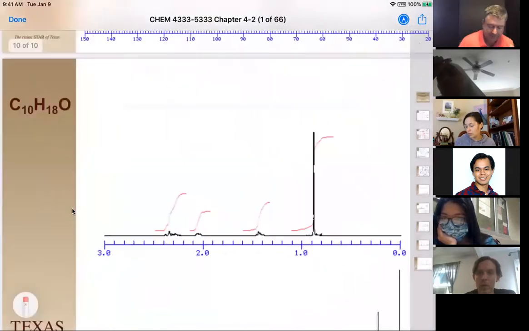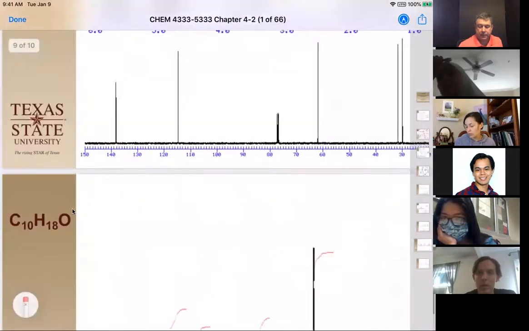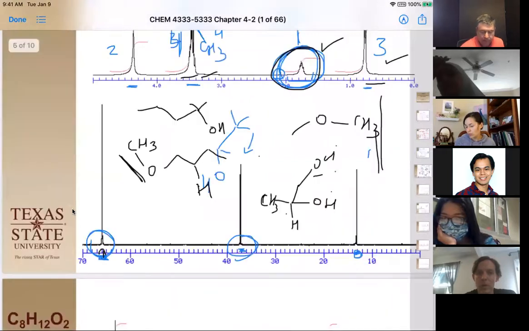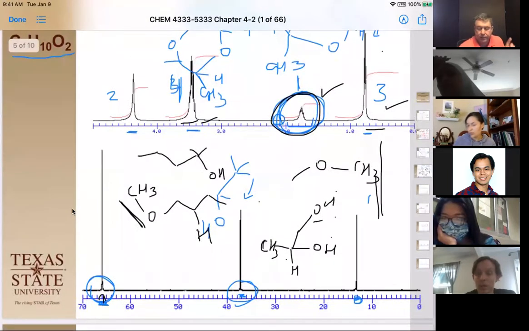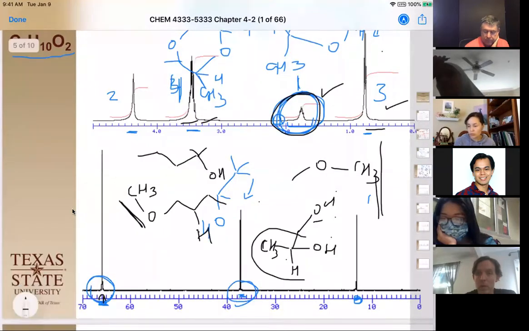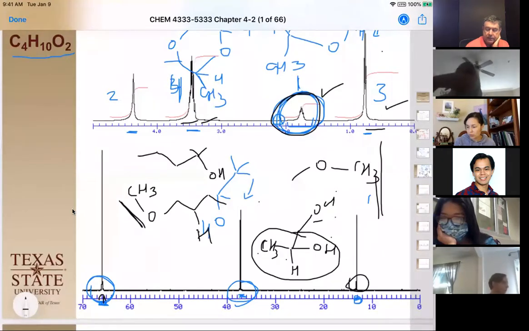All right. That's it. I think we have definitely this fragment here. This fragment here is supported by the methyl group, CH3 here that's split to 2, the hydrogen here that could be this one here, and then the OH.